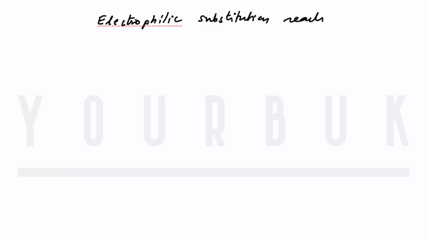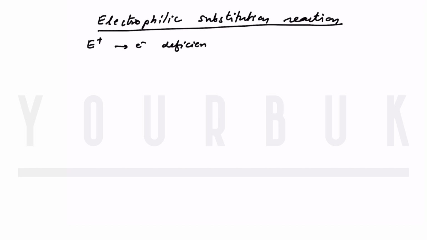So now we replace the H of the benzene in chlorobenzene without disturbing the chlorine. Now what is an electrophile? An electrophile is electron deficient, and attacks the electron rich carbon. Rich carbon means a carbon with more electron density.